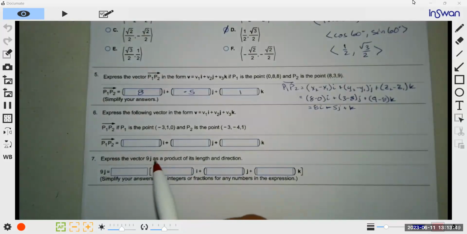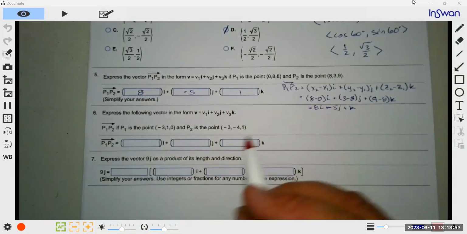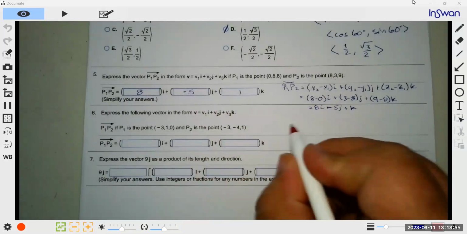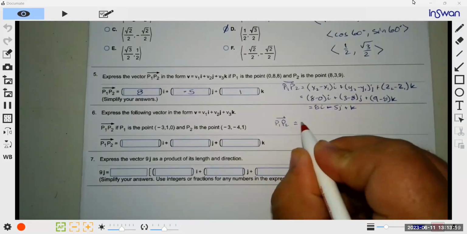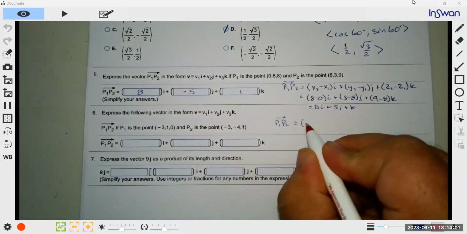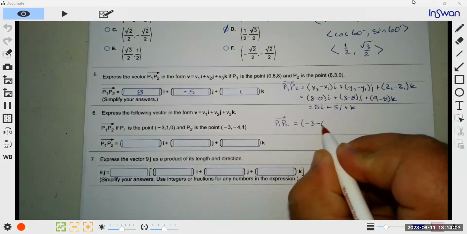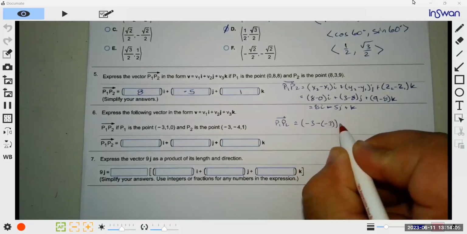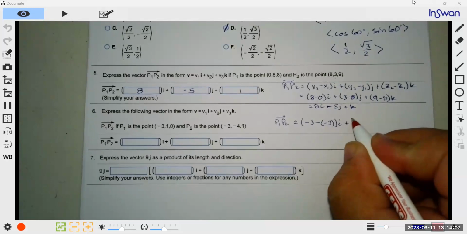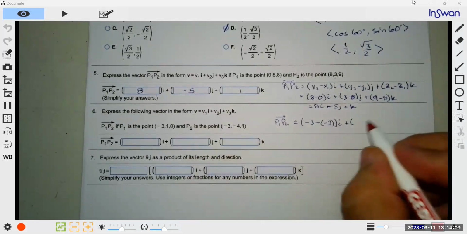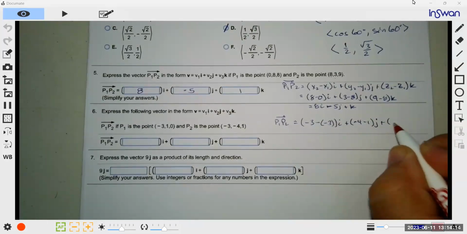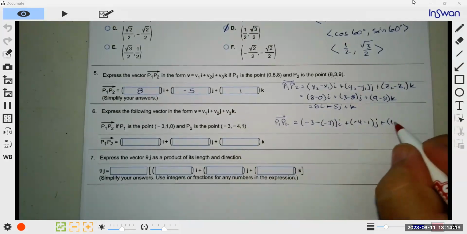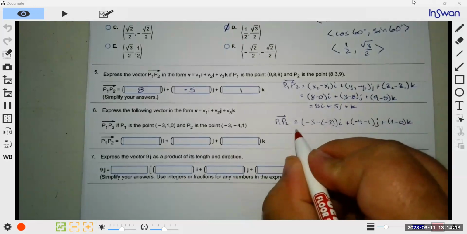Question number 6. Same thing. So we have P1P2, which is -3 minus -3, i; -4 minus 1, j; 1 minus 0, k.